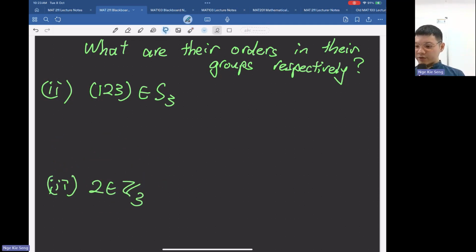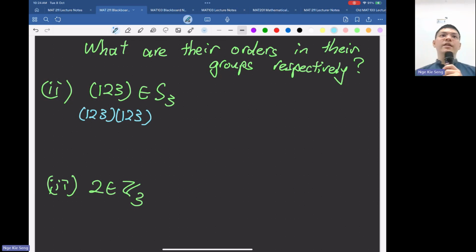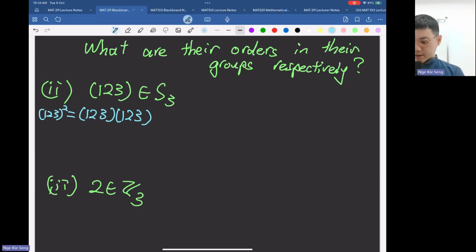Right. So what should we do to (1 2 3) here? We try composing (1 2 3) with different powers. Let's do power 2. If you do power 2, what do you get? Still remember the calculation? 1 to 2, 2 to 3, so stop at 3.